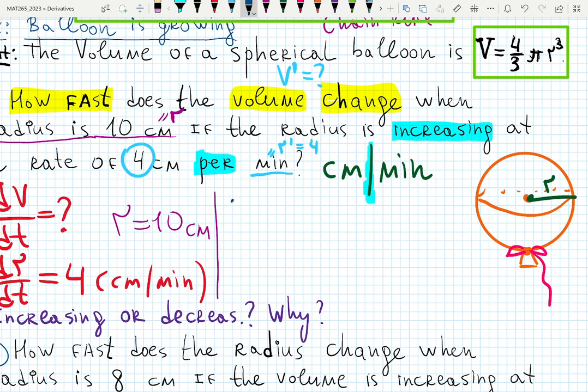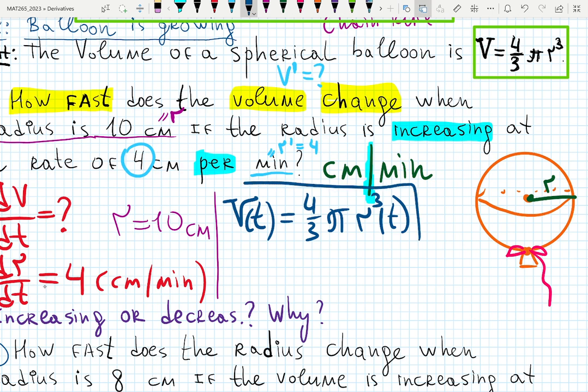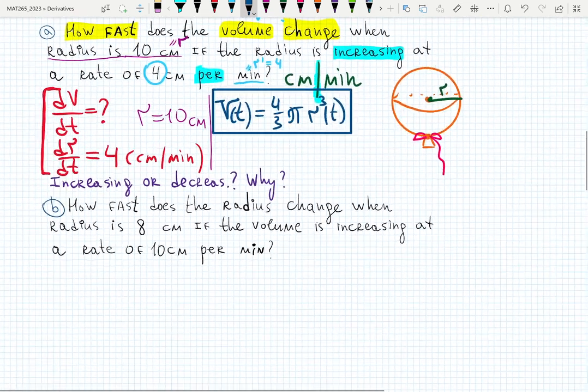You Google the equation of the volume: V equals 4/3 pi r cubed, where r depends on time. That's the volume of the sphere. And now you start solving. So this is for now my steps.